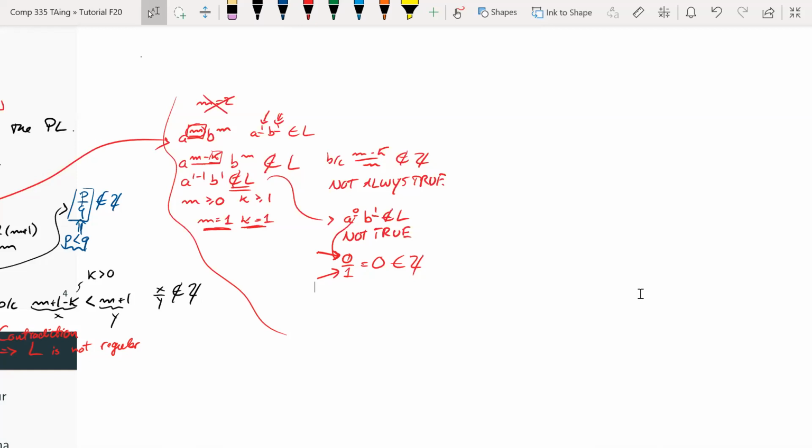Okay, so what I want you to take away from this is the first thing: you can never set in your proof particular values for M or for K. But if you want to check if your proof does work, then maybe you can say, well, if M is something and K is something, does my argument also hold?